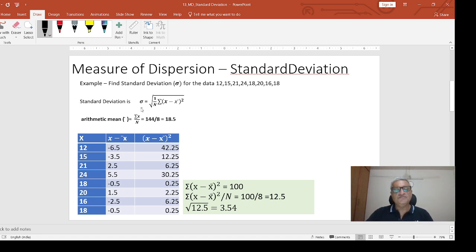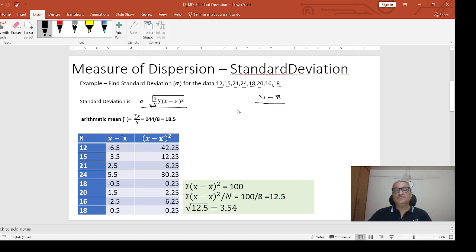So this is my formula for standard deviation. Now suppose I have a series of numbers 12, 15, 21, 24, 18, 20, 16, and 18. So I have 8 numbers in the series, so my n is 8.